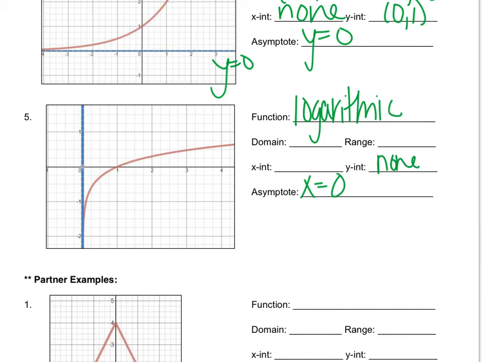The domain, we do have a restriction on the domain. We have an open bracket at 0 and we go to positive infinity. But for the range, we cover everything. So notice that we come up from negative infinity, and we go to positive infinity for the range, which is up and down. And then the x-intercept is going to be 1, 0.